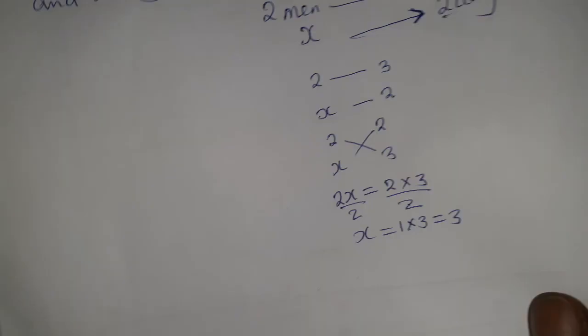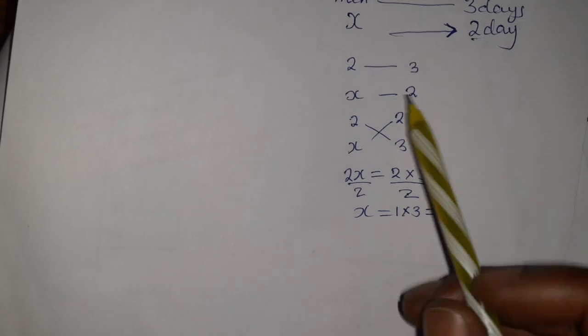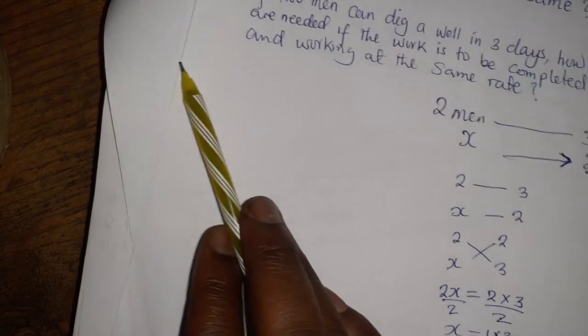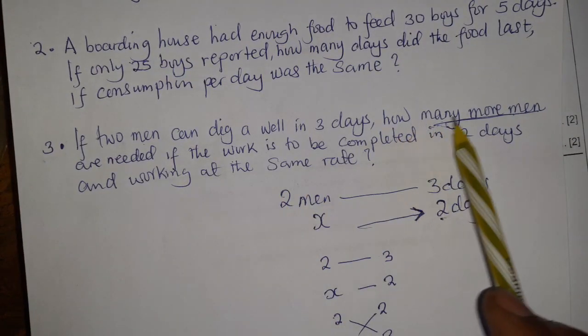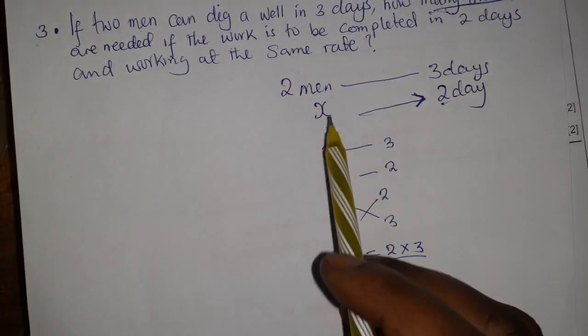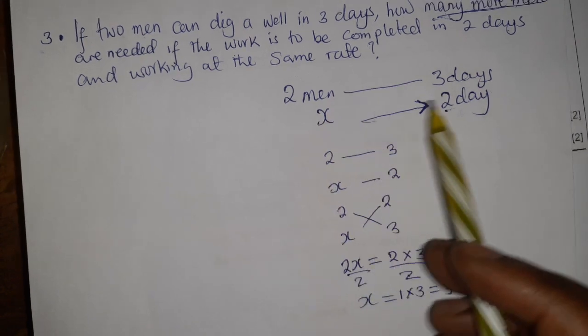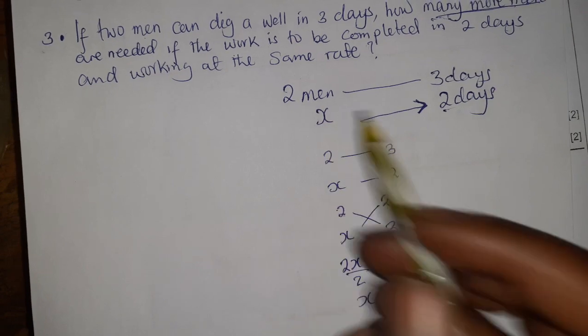Okay, so what are we trying to say here? We need 3 men to do this work in 2 days. But when you go back to the question, it was asking, how many more men are needed? So this work can be done by 3 men in 2 days. But the question is saying how many more men?